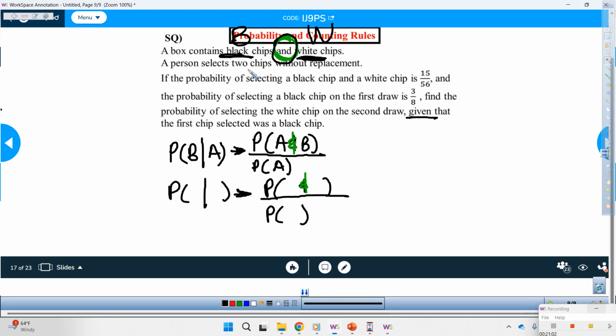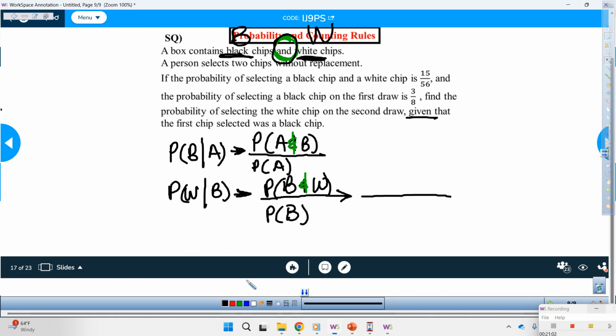Therefore, B and W. Which means what goes here? Pass someone. Yes, and down here? B. That is correct. All right.